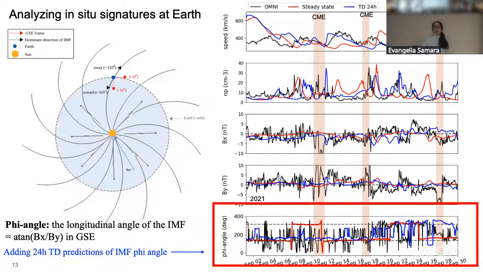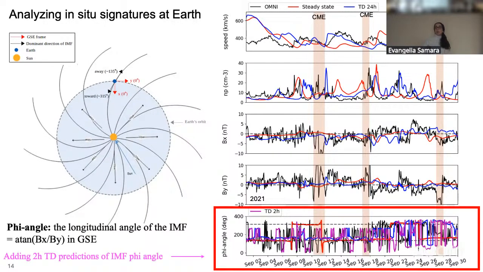Especially here, I captured very well the fluctuations of the phi angle, the sudden increase and sudden decrease. Not everything is perfect, but we are closer. And if I do the same predictions with time-dependent simulations, but updating my magnetograms every 2 hours, I'm getting the magenta line that is even closer to observations.